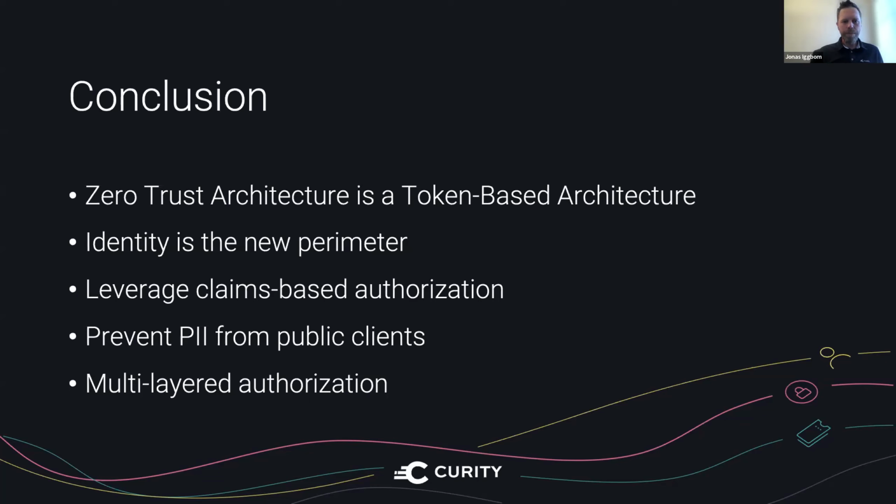And then with this, you want to see a multi-layered authorization approach where you can have multiple layers, from coarser to finer grained authorization, within this environment and this architecture. And then with that, you need something to gate that, right?